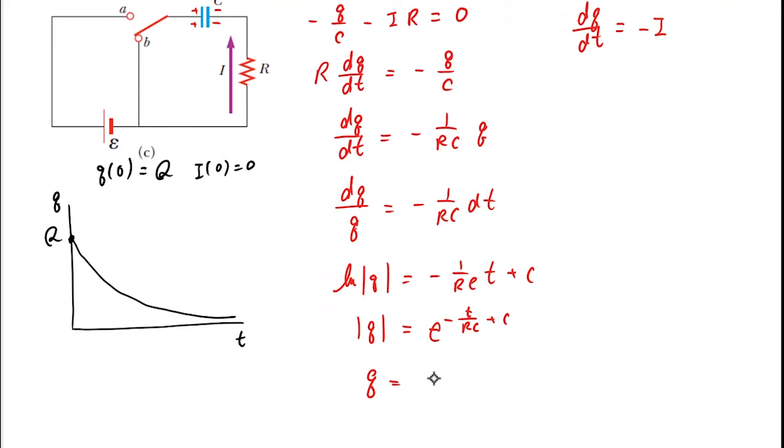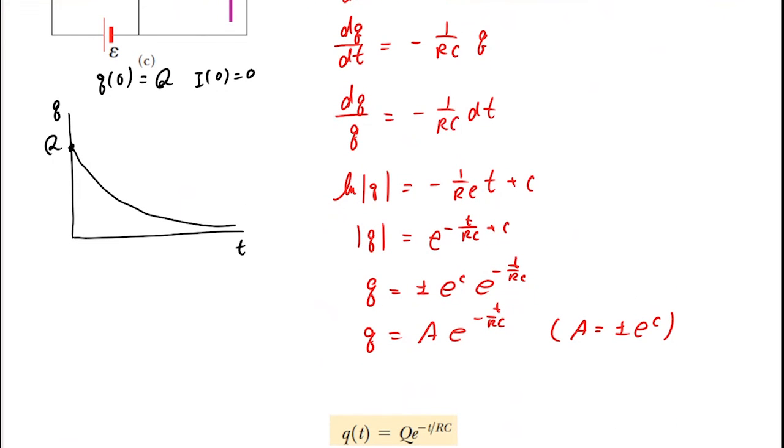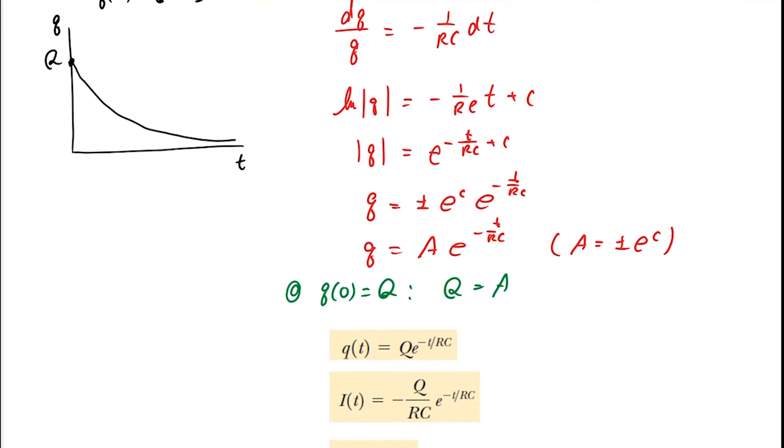So Q is equal to plus or minus e to the c, times e to the negative t over RC. And we call that A again. And then we apply the initial condition. The initial condition at Q originally is capital Q, so plug in 0, this becomes A. And then you get this.